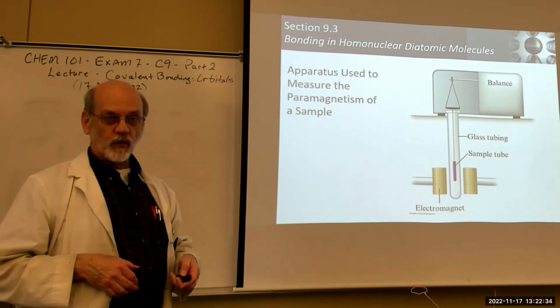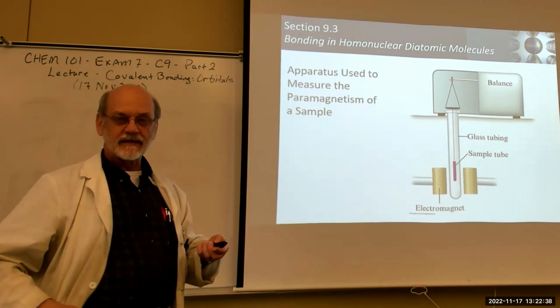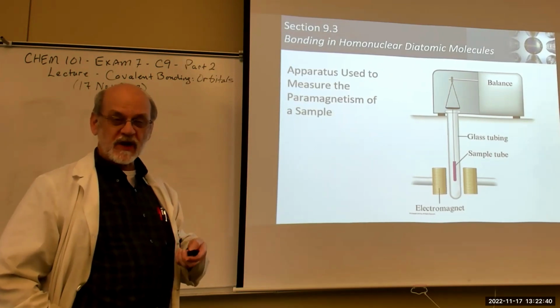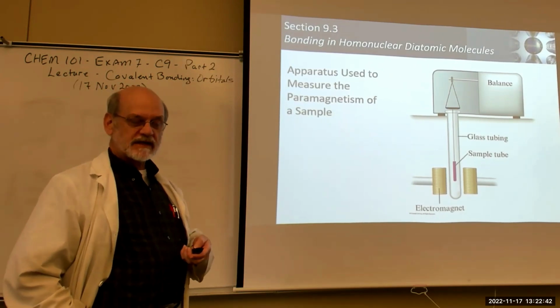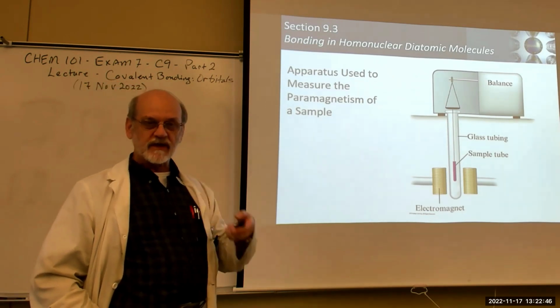If it feels no force, then it's more than likely diamagnetic. If it feels any force, it's paramagnetic, and then depending on how many unpaired electrons are in its molecular orbitals.